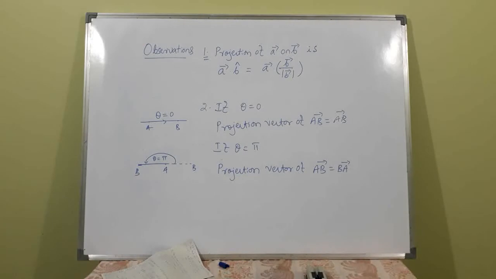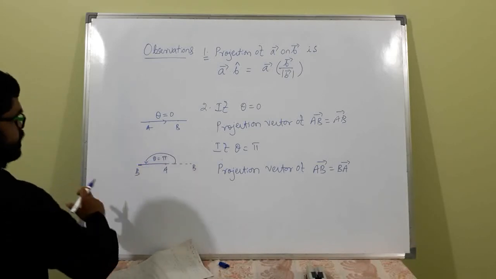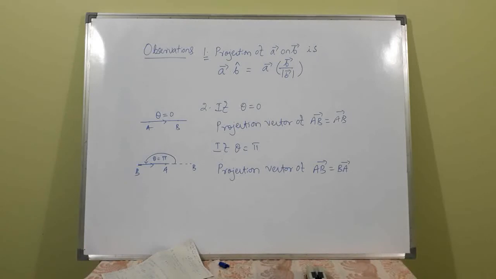Okay, if theta is pi, then this B comes to this side and that is BA, that is minus AB.